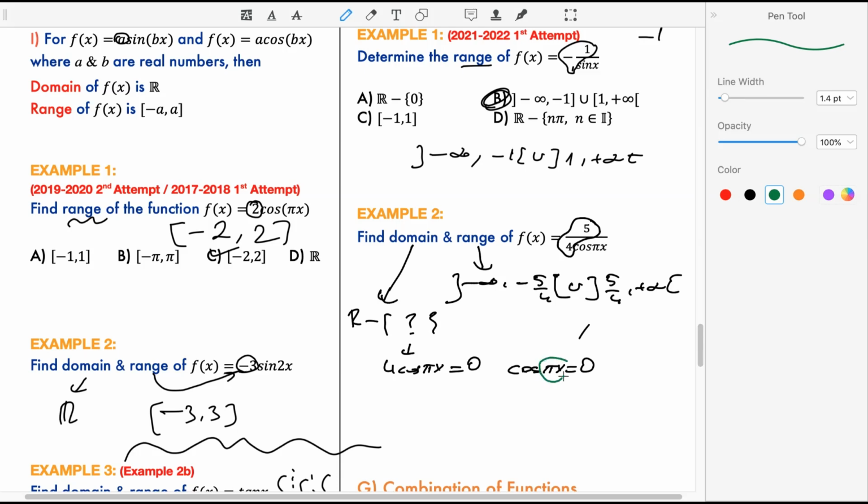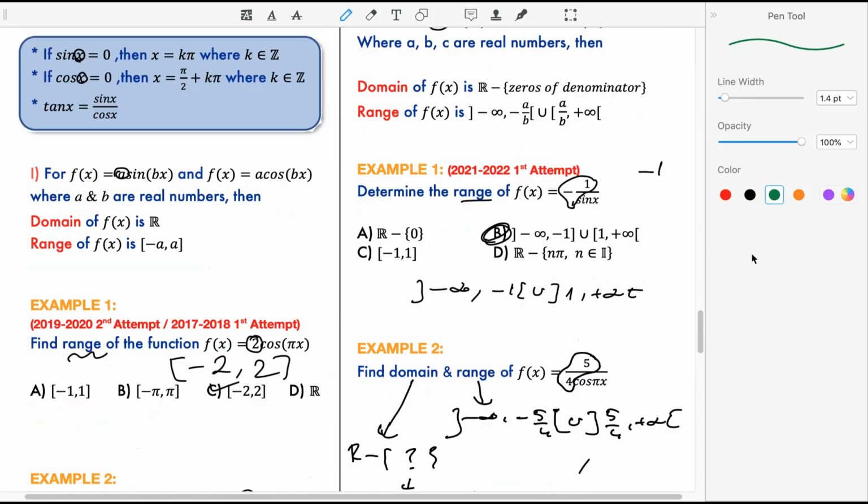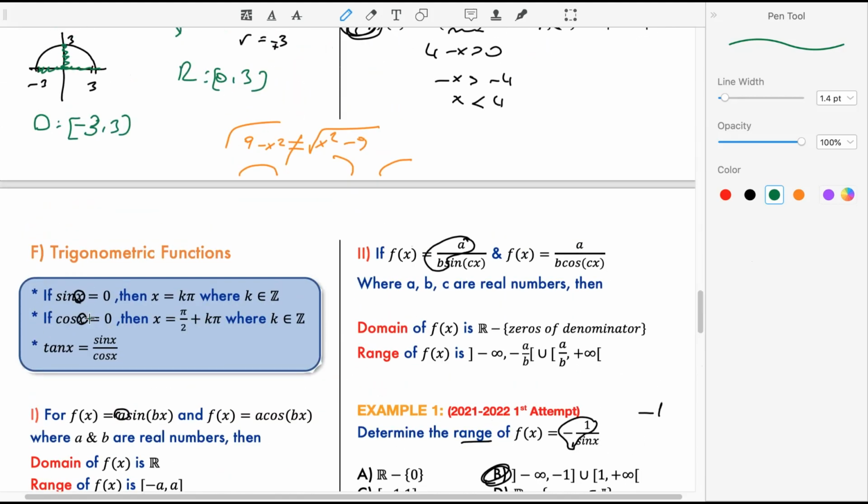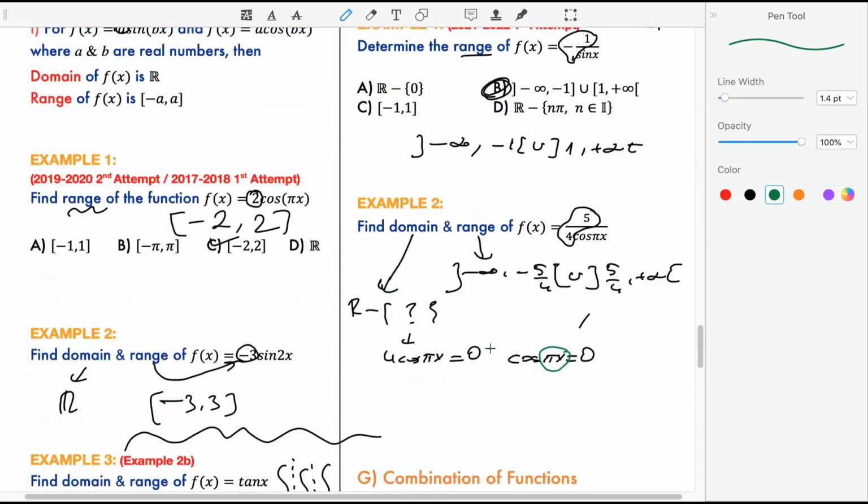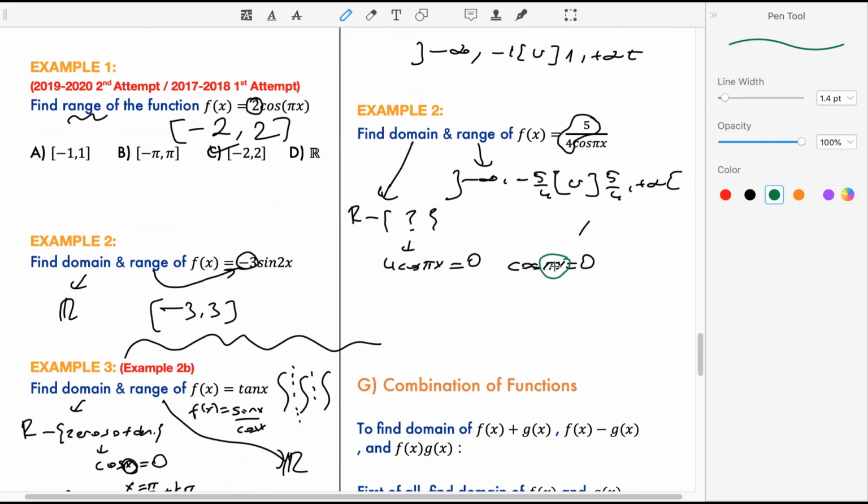What is the angle? The angle is not just x, it is pi x. So when cosine is 0, remember the rule: x is pi over 2 plus k pi. By x, we mean the angle. Our angle, pi x, is pi over 2 plus k pi when k is an integer. So write domain as R minus this. Sorry, I didn't get x alone.